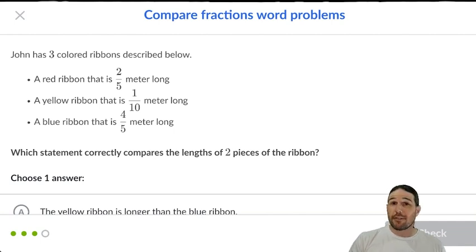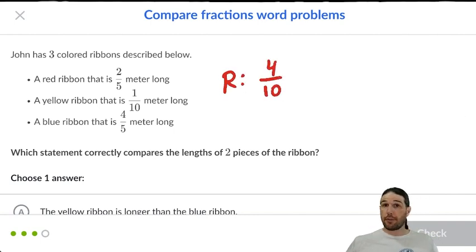Now, I love multiples of 5 and 10 because they are so easy to work with. In this case, we can absolutely get all 3 of these into one common denominator fairly quickly and fairly easily, unlike the last problem. The last problem, you would have had to do a little bit of working to try to figure out which one was bigger and smaller, but in this case, I know that we have red, which is 4/10, right? 4/10, 2/5.